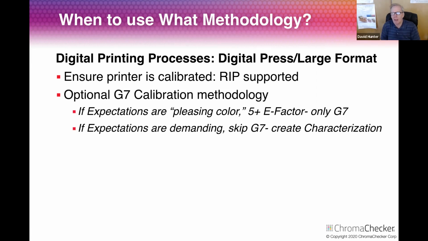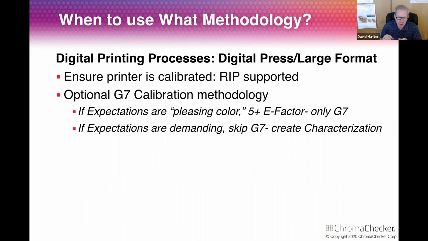So when to use what methodology, as we talked about, optional G7 calibration methodology. If expectations are pleasing color, then yeah, you might benefit from G7. If we take a HP Indigo press, and if we just run it in a native mode, it's usually about a 6 to 7 to GRACoL.